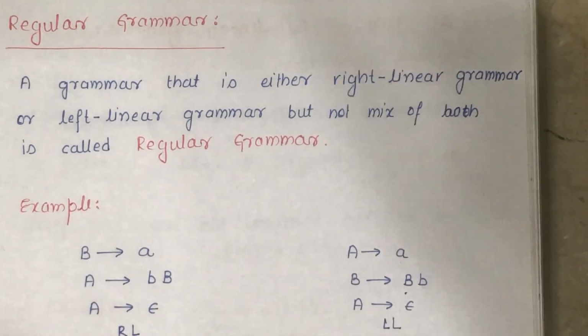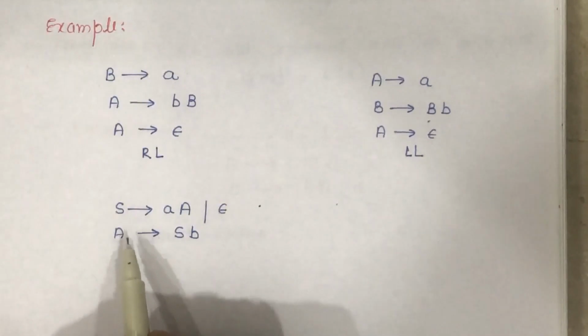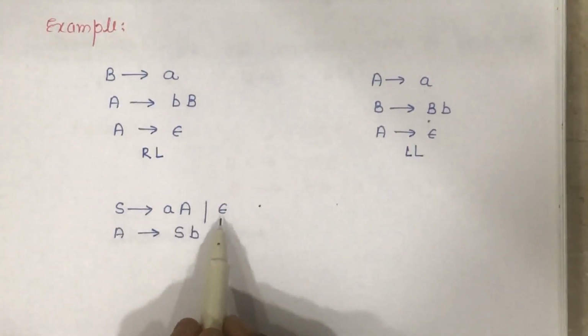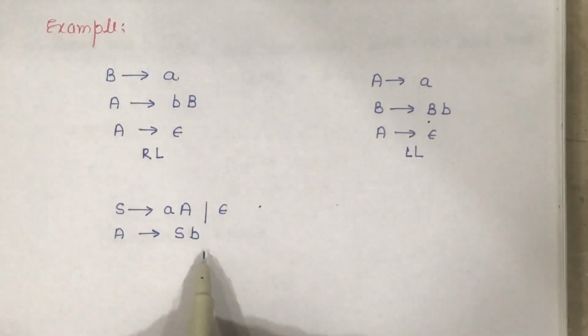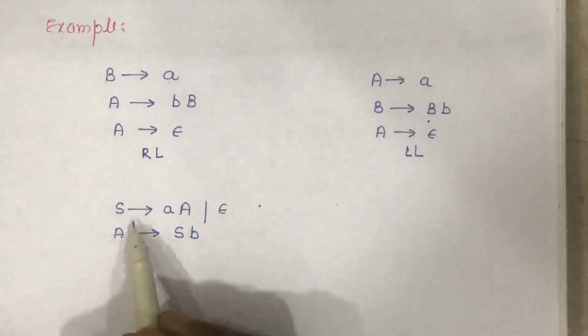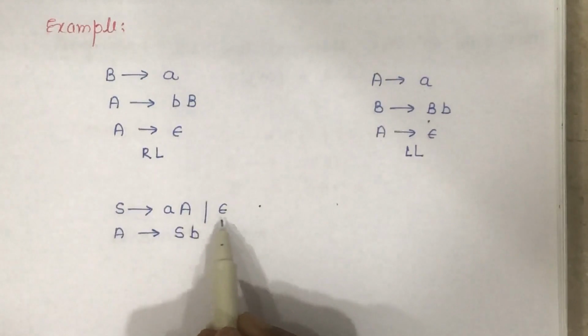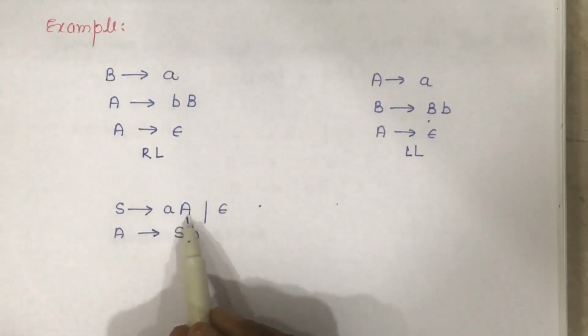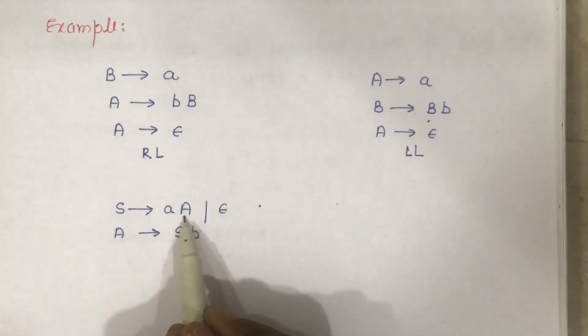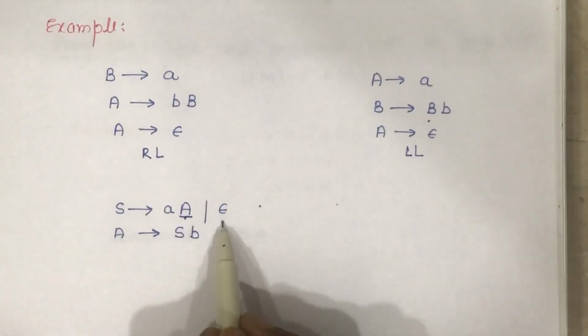Now we'll take another example. In this example, S to AA, epsilon and A to SB. On left hand side we have a single non-terminal, while on right hand side in this alternate we have one non-terminal situated at rightmost position, and this alternate is having no non-terminal.